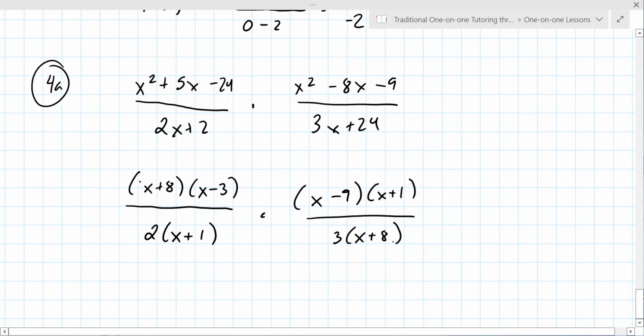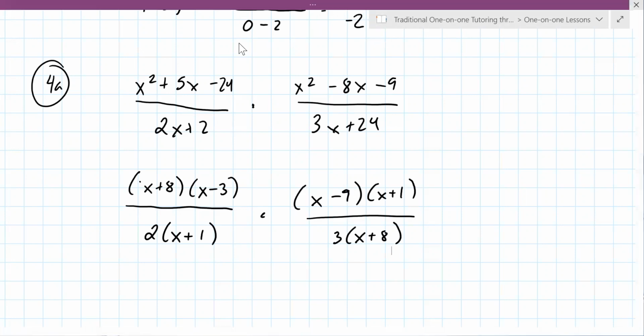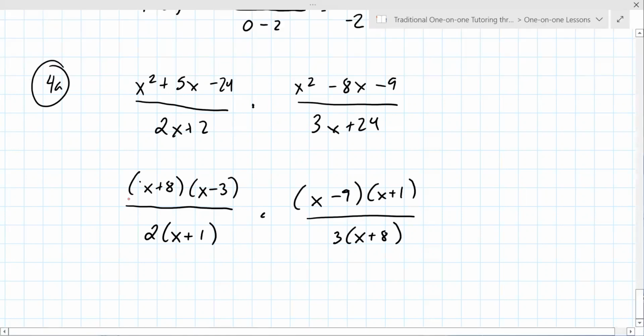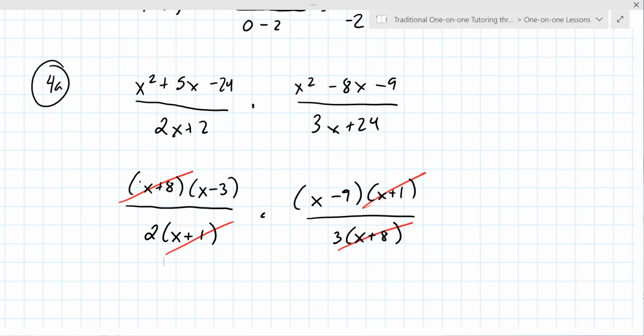Okay. So you start out by canceling anything that is the same in the top and the bottom. So that x plus 8 goes with that one, x plus 1 goes with that one. So your answer is correct, but maybe not preferred.